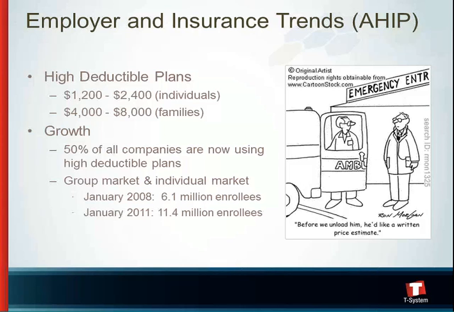Symbolic of this growth on the employer side of the industry is the cartoon over here. Employers are seeking to engage their employees and their families in the healthcare purchasing process. We see here the patient getting unloaded, talking to the emergency room physician, saying he wanted a price estimate for what the ER services are going to cost.